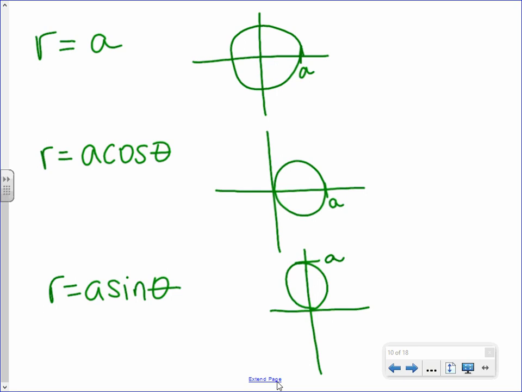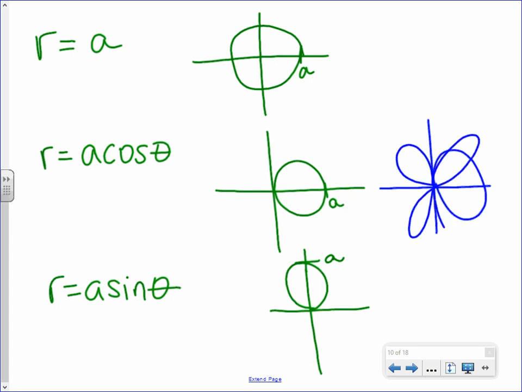You know what you're getting to. Being able to see these and graph them is going to be very beneficial when we go to find area. I will give you a circle, you'll need to know where it is, and I'll give you a rose curve, and you'll have to find the area of the overlap or something.